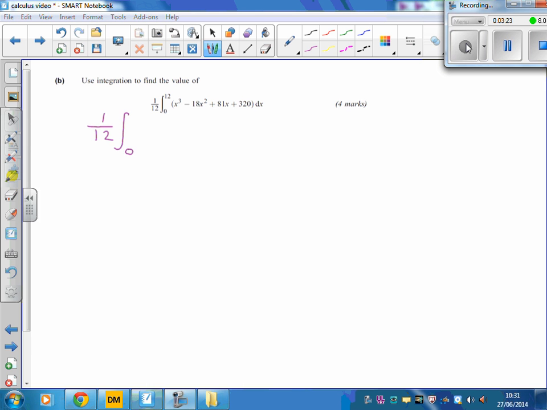It's there, it just stays where it is and you just ignore it. And so I'm going to be integrating x cubed minus 18x squared plus 81x plus 320, and I mustn't forget my dx. Once I integrate, you lose the dx in the integration sign and we go to square brackets.